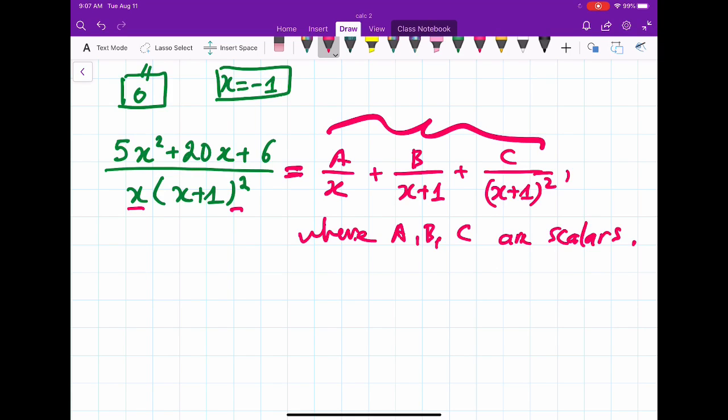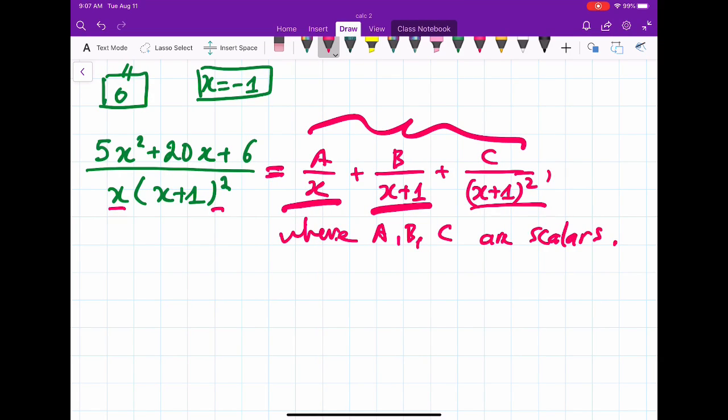This is ln of x, this is ln of the absolute value of x plus 1, and here we use the power rule, right? All coefficients a, b, c can be brought out of the integral easily. So our job is to find a, b, c. So how to find a, b, c?